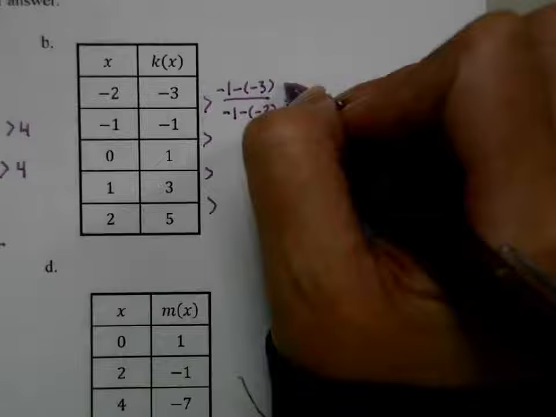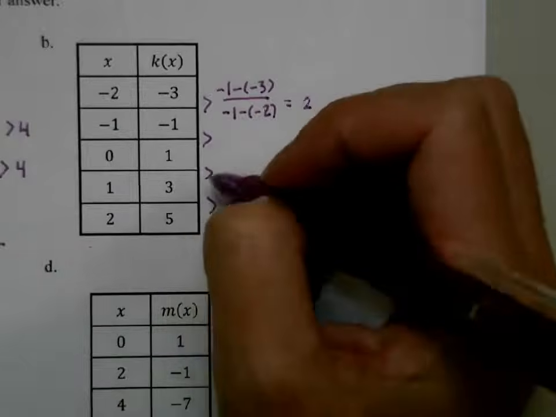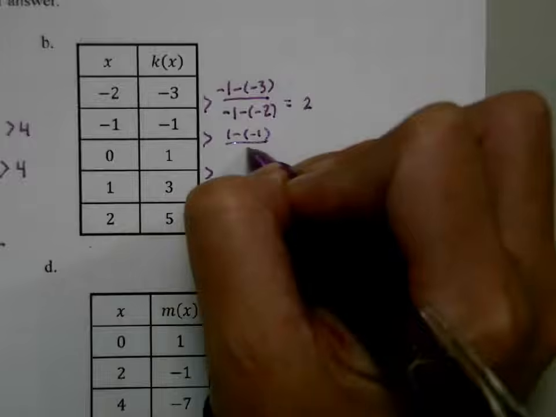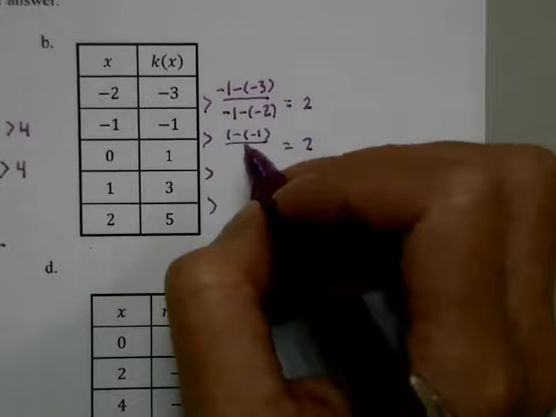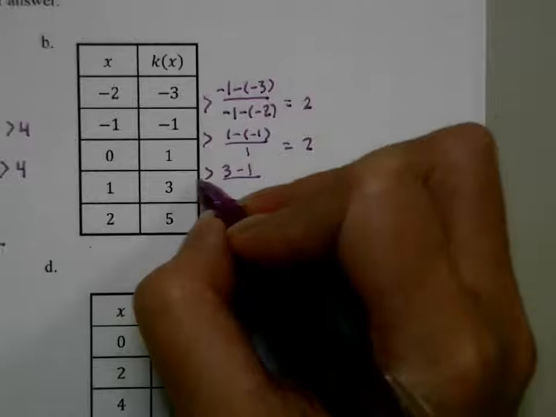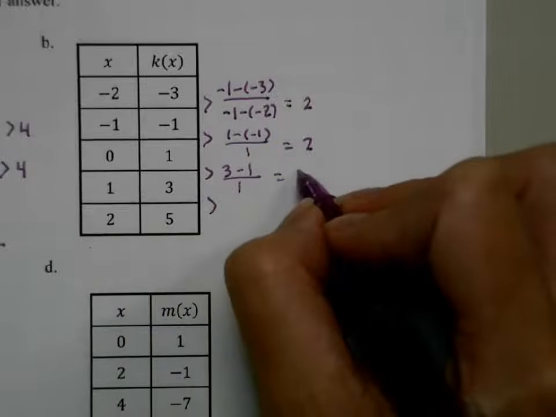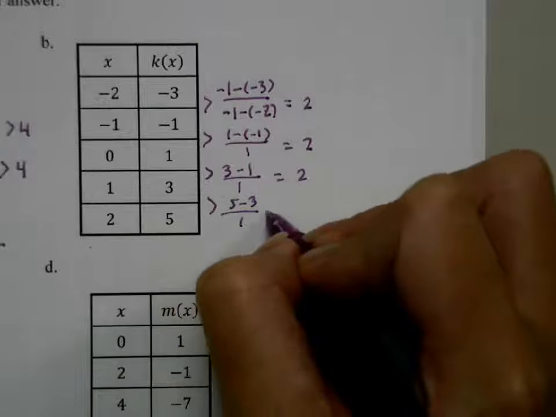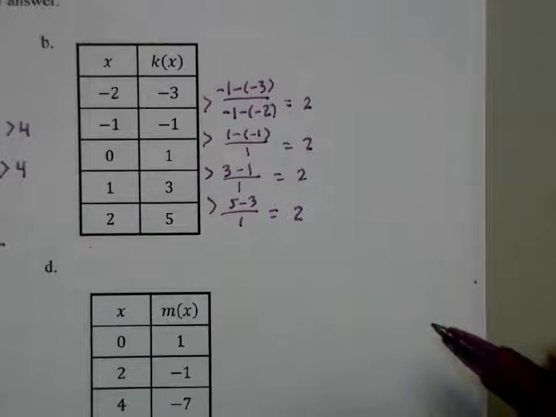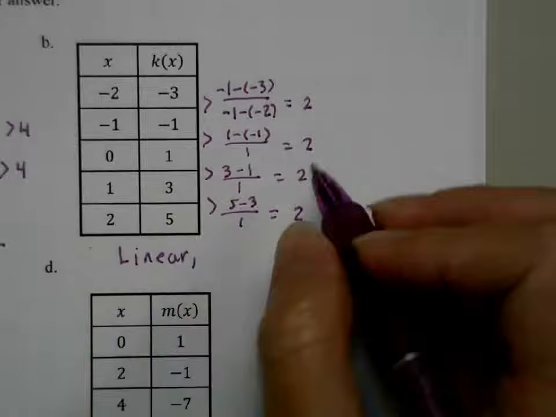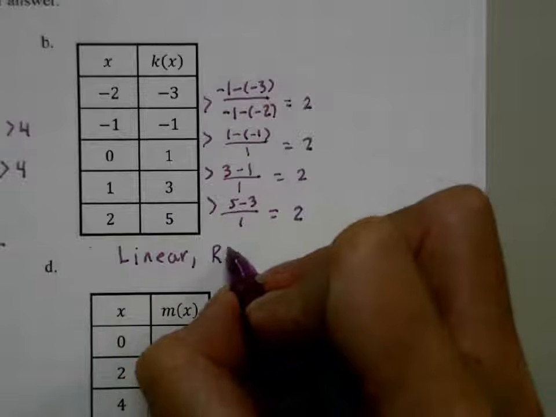Here I'm going up 2, so 1 minus -1 over 1 is 2. 3 minus 1 over 1 minus 0 is 1. And 5 minus 3 over 1 is 2. So we get 2 for all of these. So this is linear because my rates of change are constant.